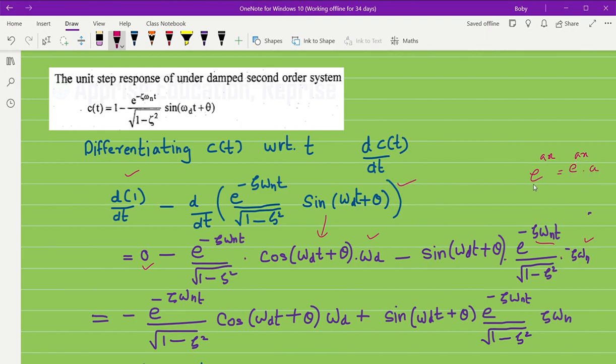That means d by dx of e raised to ax will be equal to e raised to ax into the derivative of ax, that is a. In this way, e raised to minus zeta omega n t into minus zeta omega n. So first function into the derivative of the second function, then a minus sign because the outside is a minus, second function into the derivative of the first function.